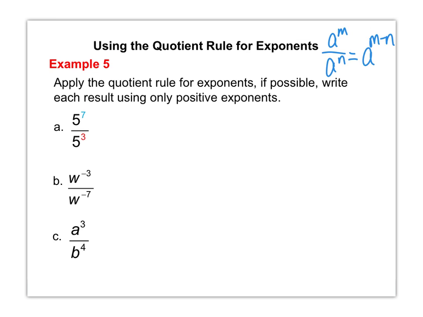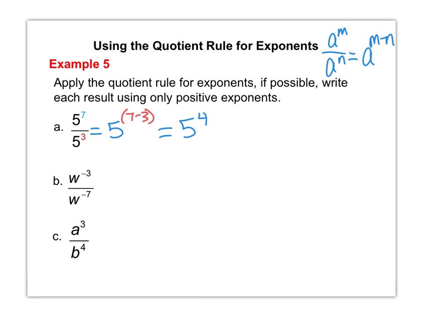And we're going to use that rule for these examples. 5 to the 7th over 5 to the 3rd is the same thing as, the base is the same, 5, and then with the exponents we're going to subtract 7 minus 3. When we simplify that, we get 5 to the 4th power.